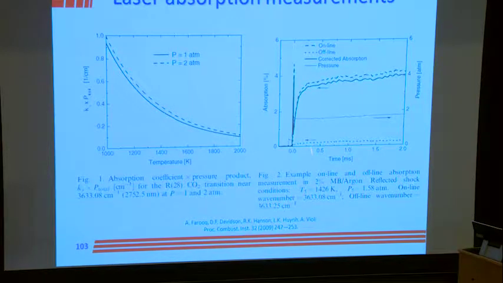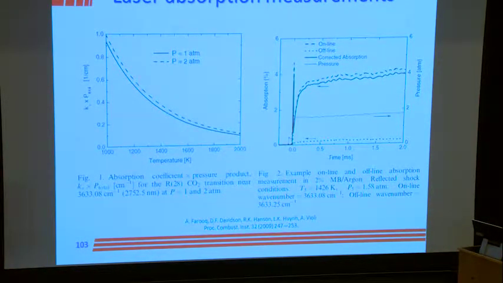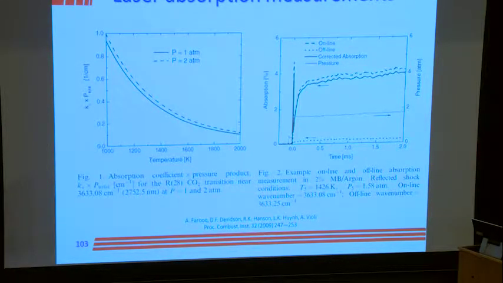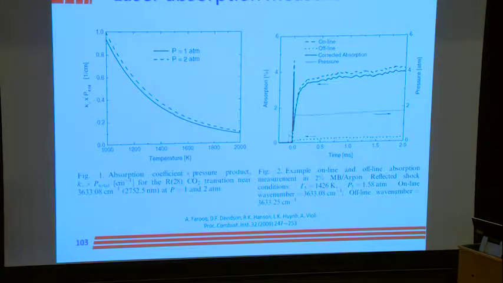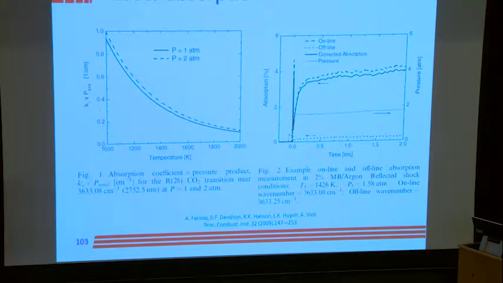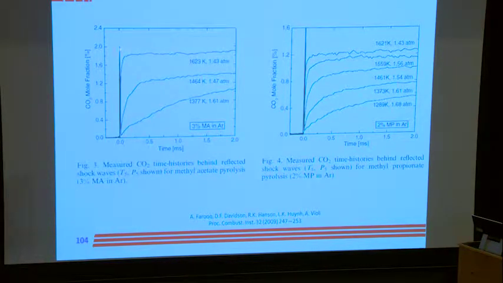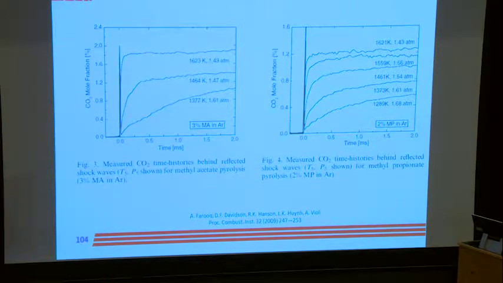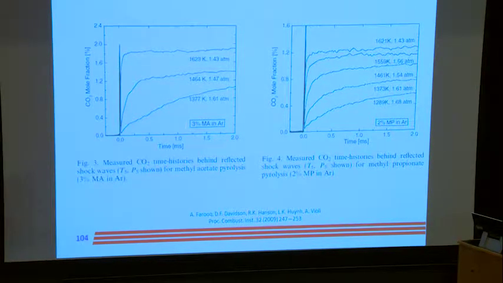And then you can get the absorption as a function of time. They publish that, and we can use it to validate the mechanism and predict what the mechanism predicts in terms of CO2 profile as a function of time. Okay? And then these are just other CO2 time histories for different esters that they measured.